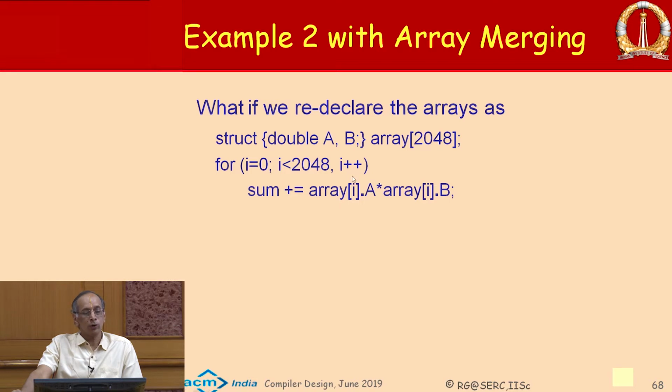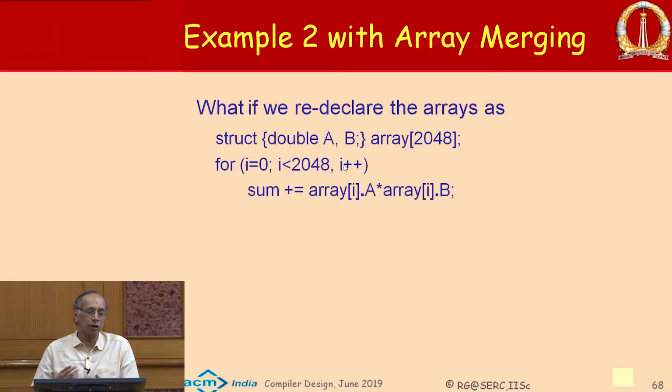So, when you do this, what happens is that each element of the structure has A and B, right, and they will be adjacent elements. So, one cache line will have two structures, 4 elements, which is two structures, right, structure 0 A, structure 0 B, structure 1 A, structure 1 B. Next cache line will have structure 2 and structure 3. The next cache line will have structure 4 and so on and so forth.